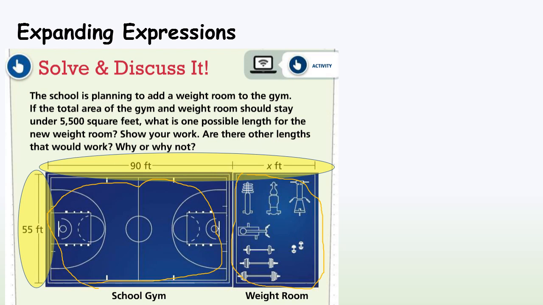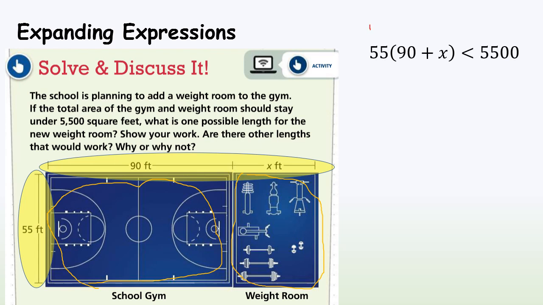So this is called an area model for what we're going to be learning about today, the distributive property. You can set up a multiplication as thinking about it as area. So this is what this equation would look like. The reason is 55 is the width of the entire gym and weight room.